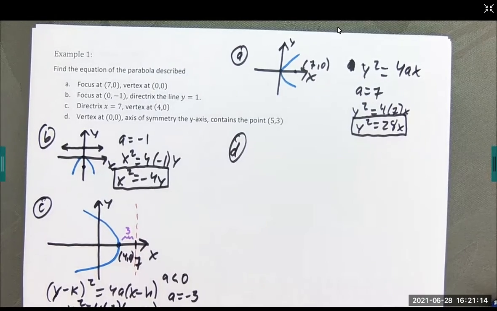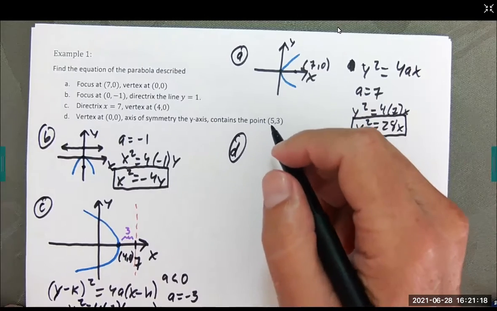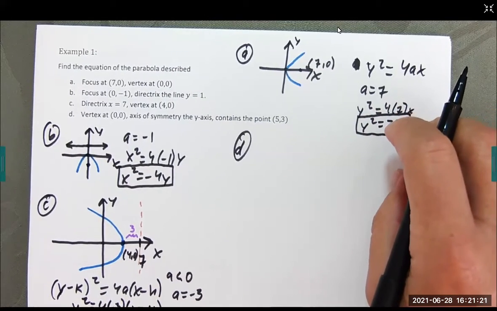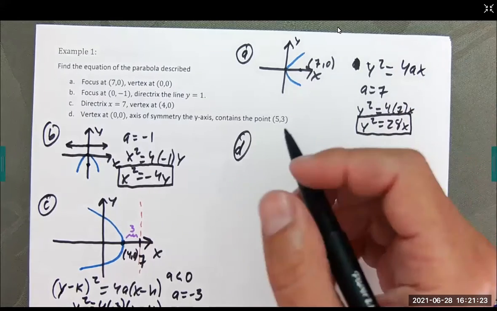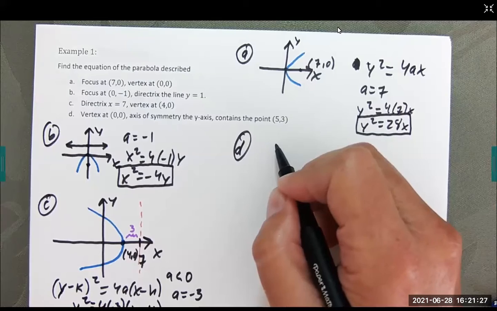All right, part D. Vertex at 0, 0, that's nice. Axis of symmetry is the y-axis. Okay. So that means axis, and it contains the point 5, 3.